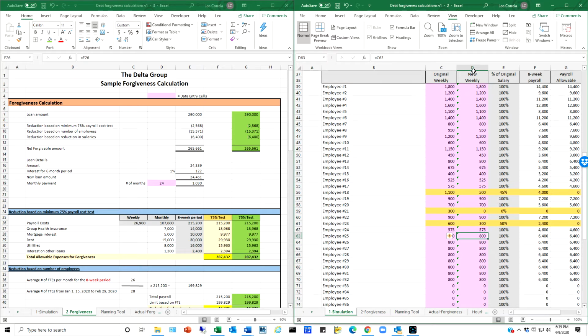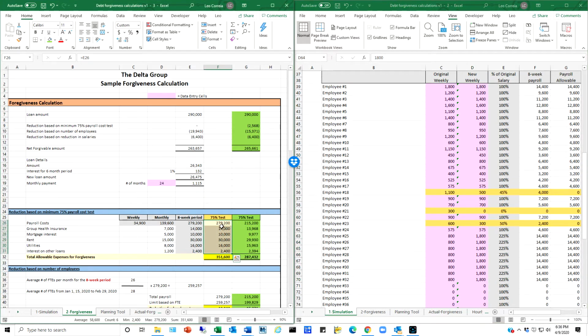So I have a group of people here where I am paying them. I paid them $800 originally, and I want to increase them to $1,800, and I will copy this down and increase their pays. Now, what I've done is by doing that, I've increased the payroll cost.